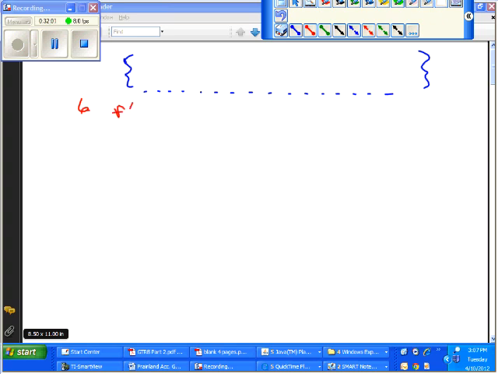Now, here's the actual function, and we'll talk about the rule in a minute. We have f of x is equal to x cubed plus 2x squared plus 5x plus 4. Now, what we want to do is find the sign changes.